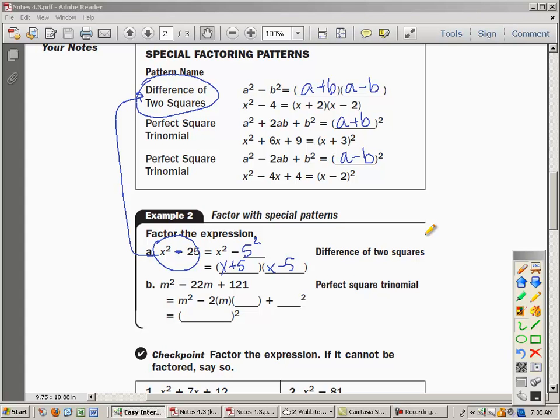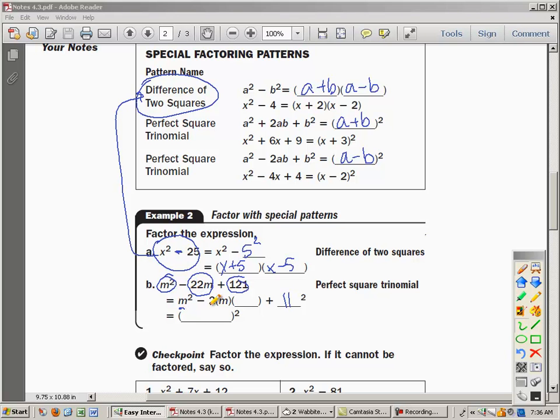That would be fine. Now, in letter B, I can see that this is a perfect square and this is a perfect square. All right? And the perfect square then is 11 squared, right? Because 11 times 11 is going to give me 121. So that middle term then, notice the middle term is twice 11 times m, right?